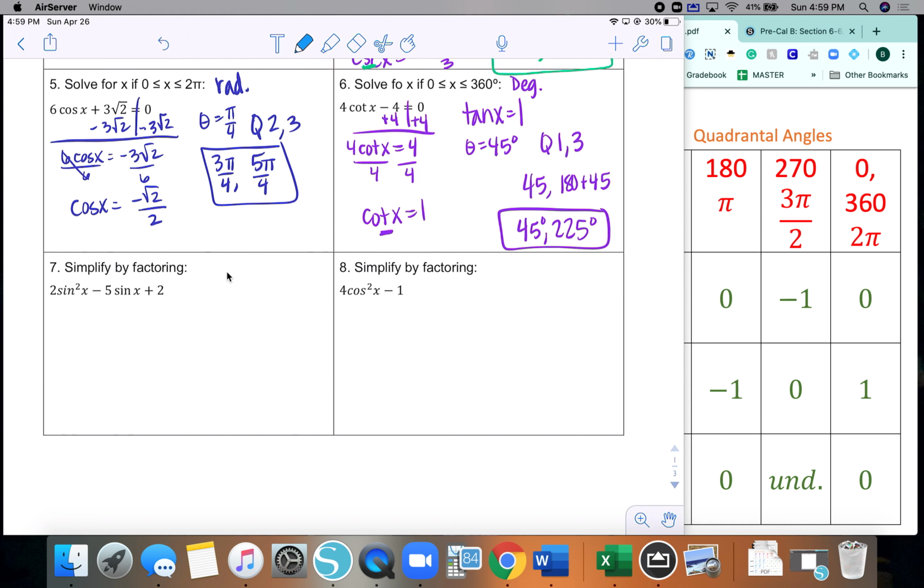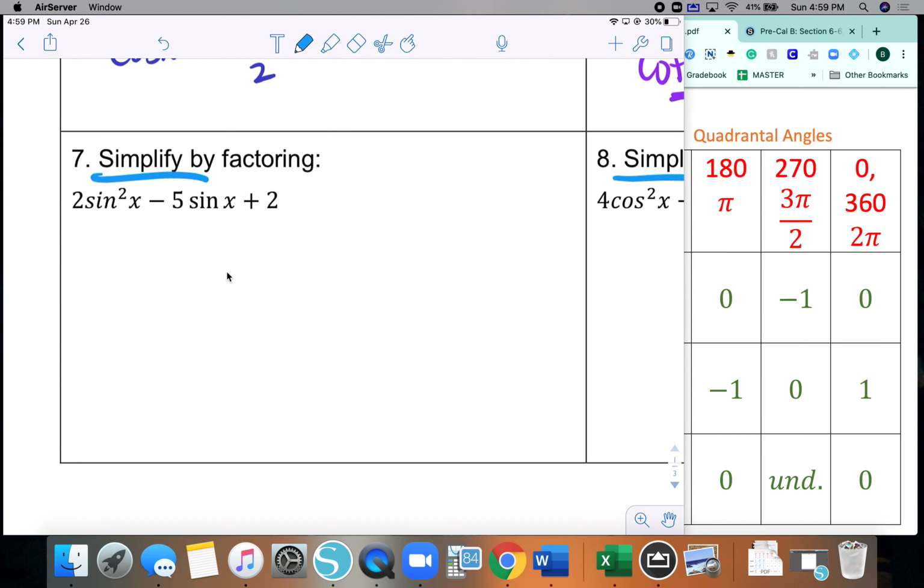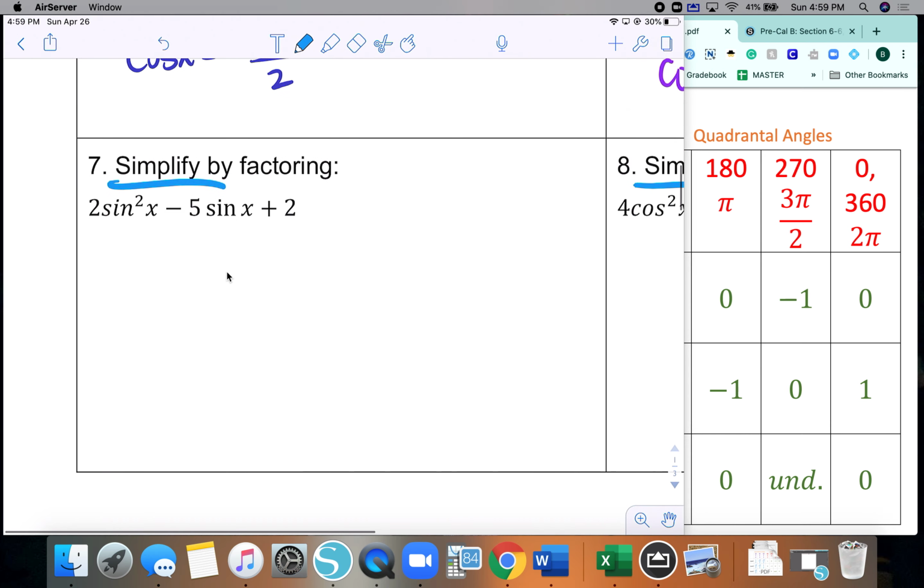Problems 7 and 8 ask you to simplify by factoring. Notice it does not say solve, it says simplify, so you are just factoring. So when we simplify factoring with trig, we rewrite it as a normal trig function. I replace, so using blankety blank, this would be negative 4x and negative x.